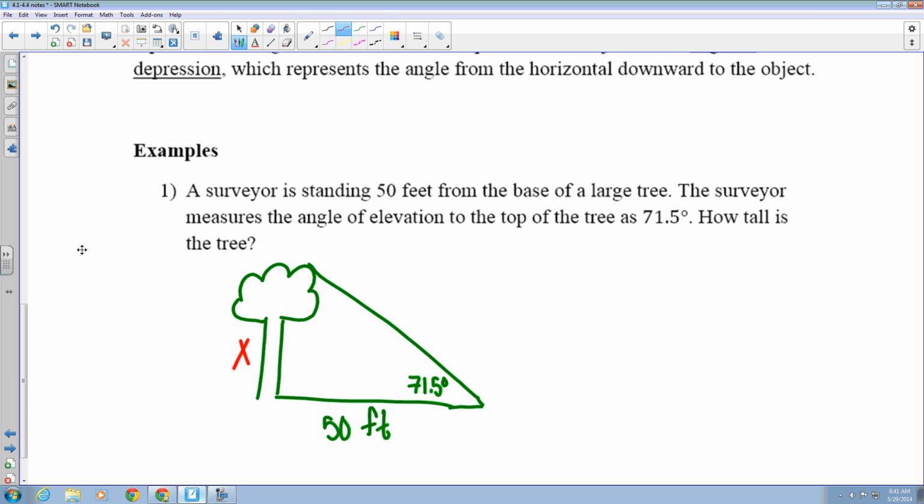So using my angle theta here, the one they gave us, I'm trying to find the opposite side of that angle, and I have the adjacent, so I'm going to use tangent. Tangent of my angle is x over 50, and I would multiply both sides by 50 to get x alone, and x is 149.4 feet, making sure that you are in degree mode in your calculators.